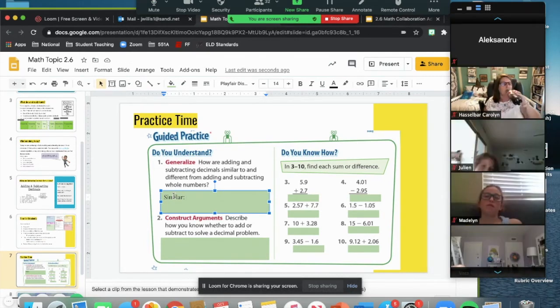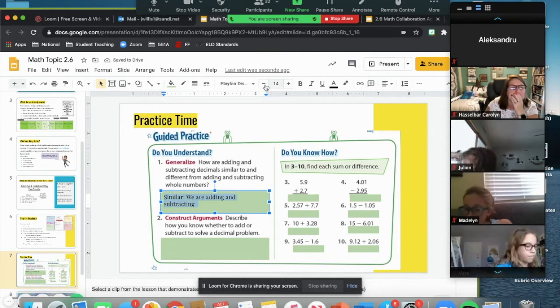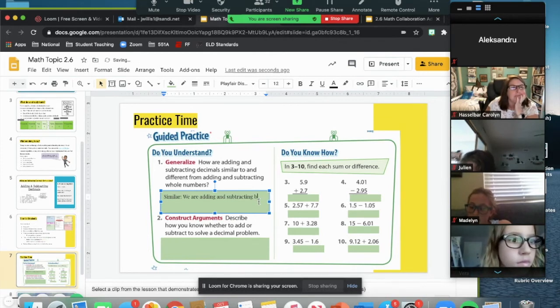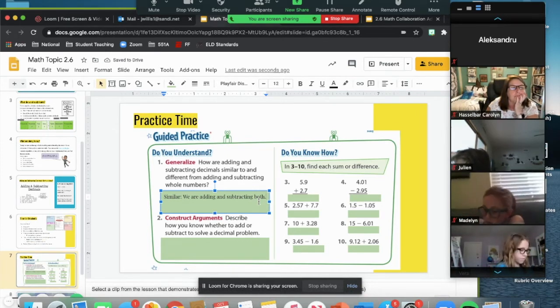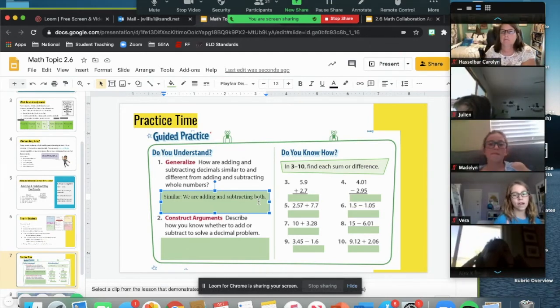They're similar because you can minus them, you can plus them, you can times them, and they're also all numbers basically, and they also have the tenth place is the highest of them, and it can be 100th, 1,000.